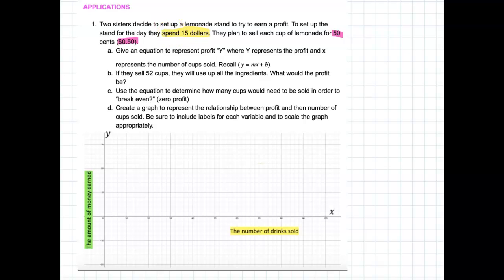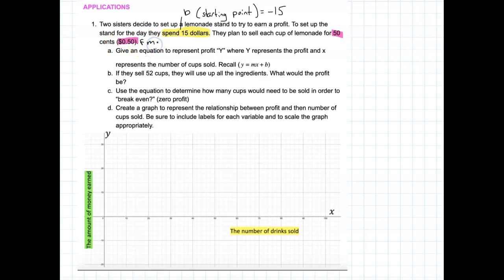So that's gonna be our y-intercept. Okay, so this is B, right? Or the starting point. And in this case, it's going to be equal to negative 15 because we're starting by spending, which is the opposite of getting money. This is the slope here.